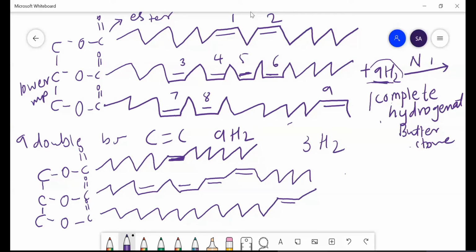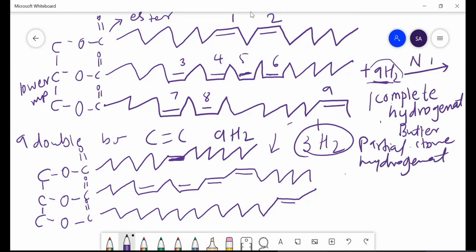So resultantly, when you perform only this, the process is called partial hydrogenation. So you don't go for the complete hydrogenation. But when you perform the partial hydrogenation, you see some bonds are not converted into a single bond, and double bonds are still there.